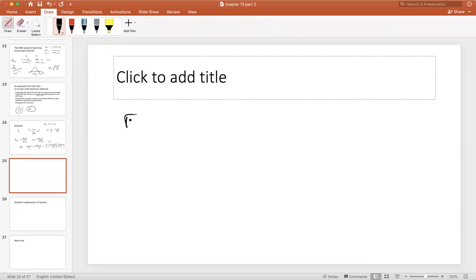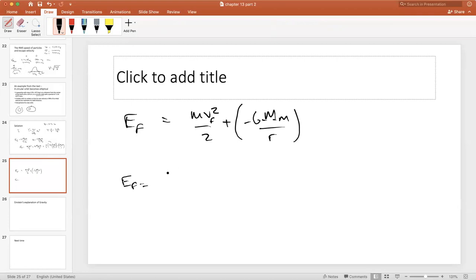So we have that E final is m v final squared over 2 plus negative GM of Earth over r, the r that the spaceship is originally at. Secondly, we know that the energy final is GMm over 2a with a minus sign. That's the energy at any time.